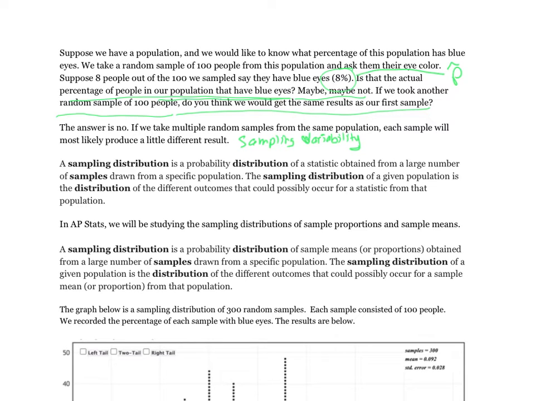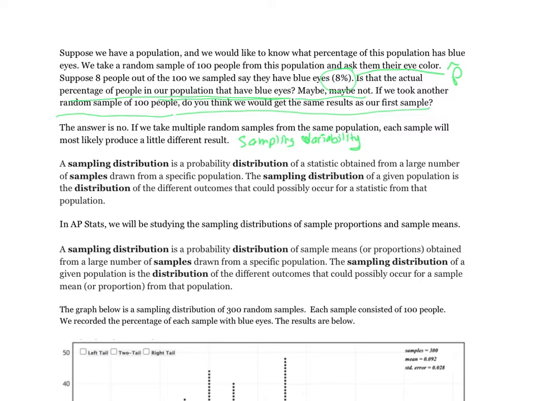So a sampling distribution is a probability distribution of a statistic obtained from a large number of samples drawn from a specific population. A sampling distribution of a given population is the distribution of the different outcomes that could possibly occur for a statistic from that population.